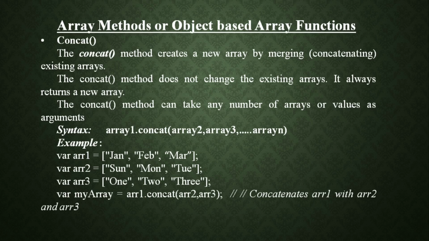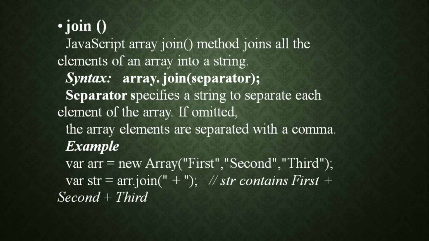What do we have to write? The method name is concat: array 1 dot concat of array 2, array 3, and so on to array n. The next method is join. The join method joins all the elements of an array into a string.